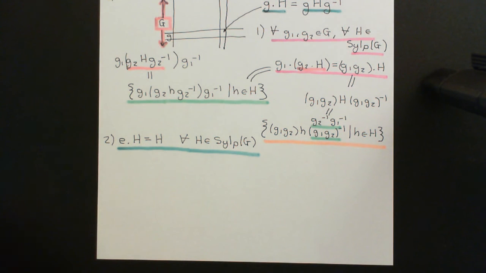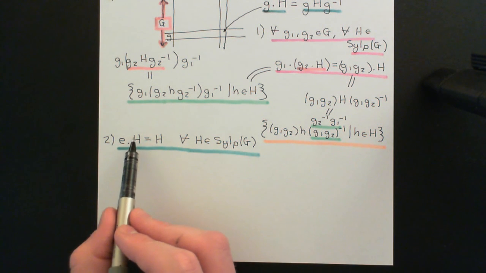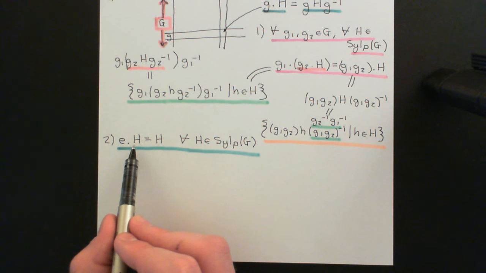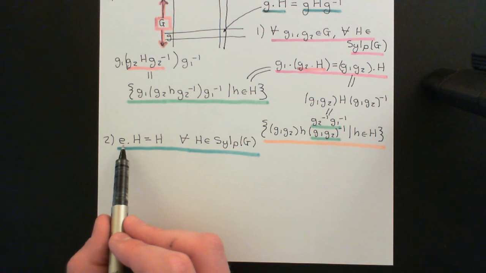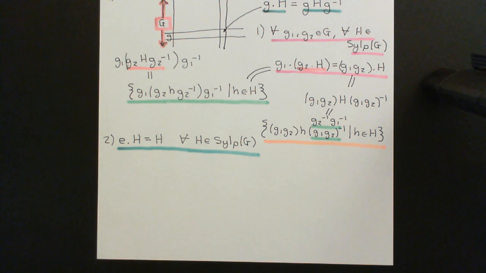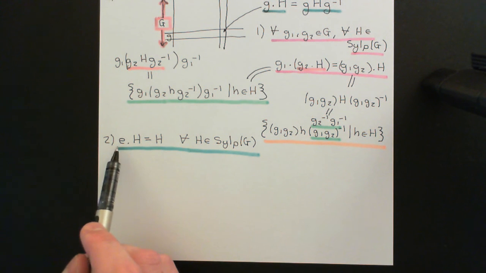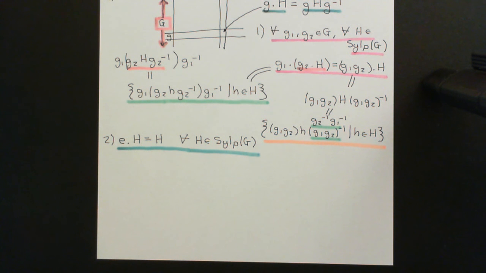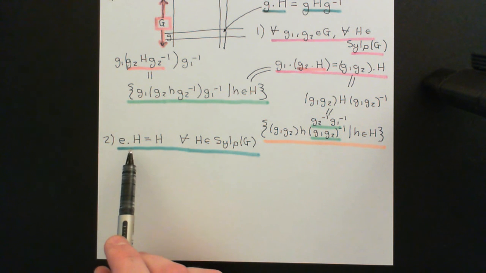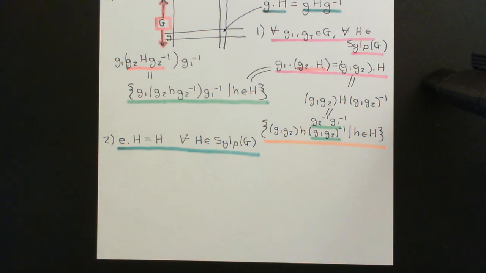Well, the reason for that is that the identity acting on a Sylow P subgroup capital H just means take all the elements of that Sylow P subgroup capital H and conjugate them by the identity. When you conjugate a bunch of elements by the identity, that has absolutely no effect whatsoever, so you'll end up with the exact same Sylow P subgroup back again. You'll end up with capital H. So indeed the identity will act on any Sylow P subgroup, any element of our set, and send it onto itself. So that's the second axiom of group action satisfied.